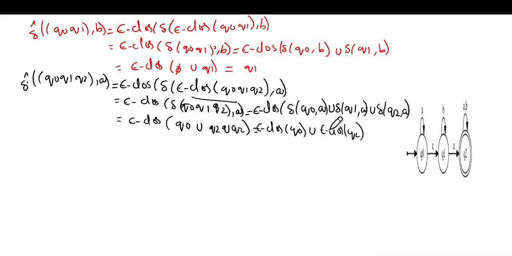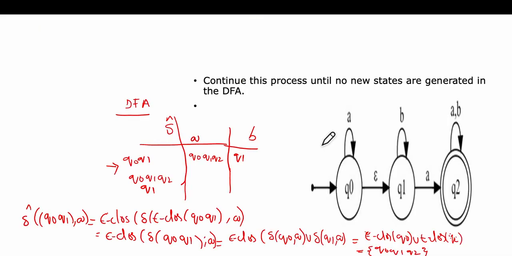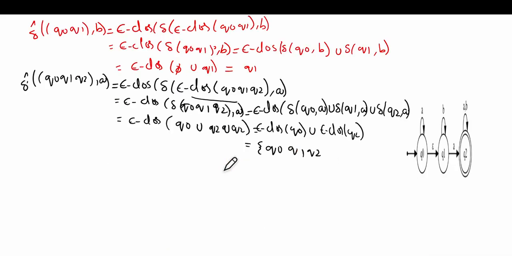As we have Q2 twice, we write it once. E closure of Q0 is Q0 Q1 and E closure of Q2 is Q2. So now we go there and update it here, which is Q0 Q1 and Q2.